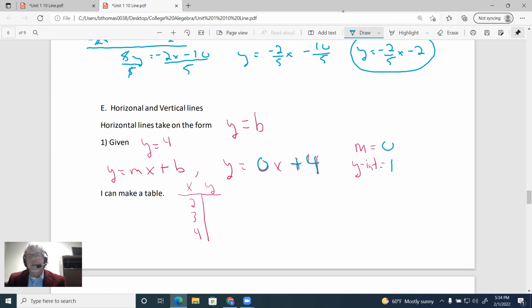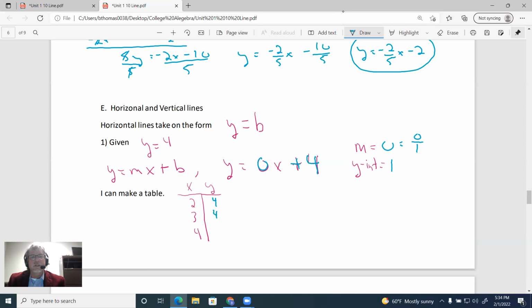Now remember, slope is a rate of change. So notice how there's a 0 over 1, if you will. So there is no rise, there's only run. Now, if I want to make a table, you can put 2 into the problem, but when you multiply by 0, it just turns into 0, and when you add 4, you get 4. If you put 3 into the problem, you get 0 times 3, which is still 0, and adding 4 you still get 4.